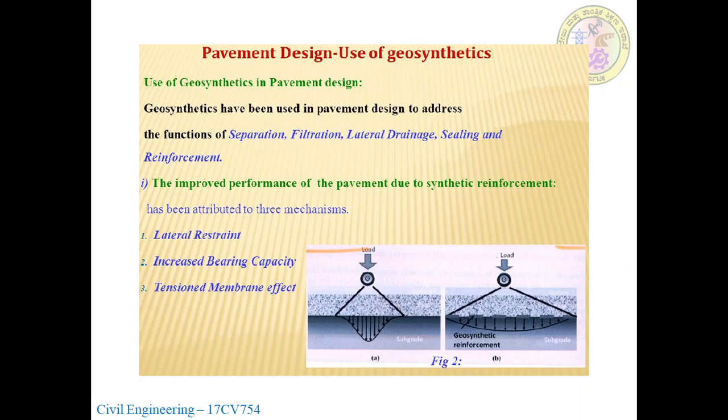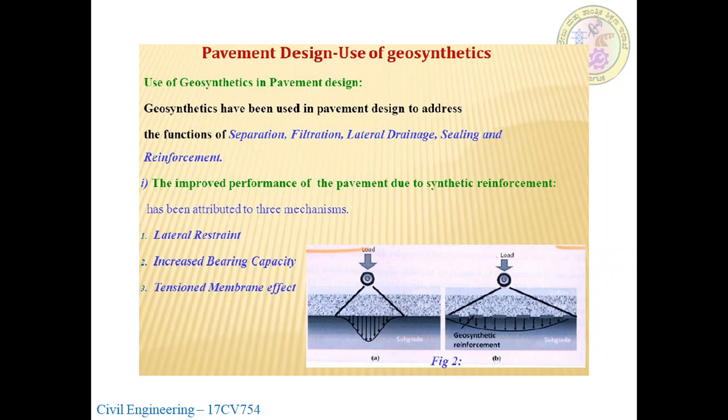Pavement design, use of geosynthetics. Geosynthetics have been used in pavement design to address the functions of separation, filtration, lateral drainage, sealing and reinforcement. In the first module, we studied these functions in detail.